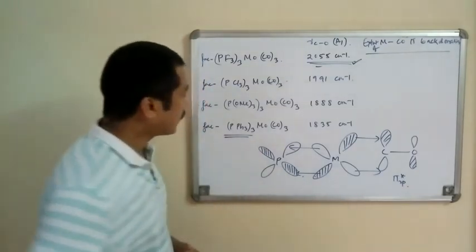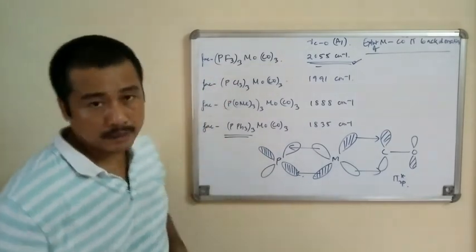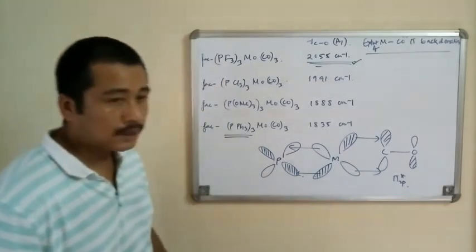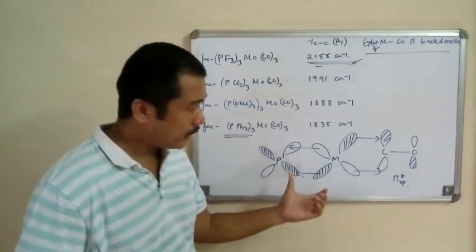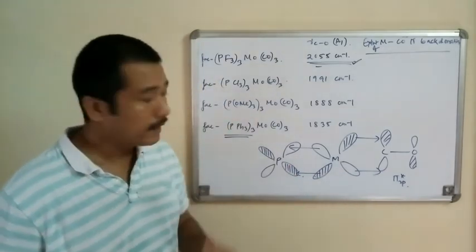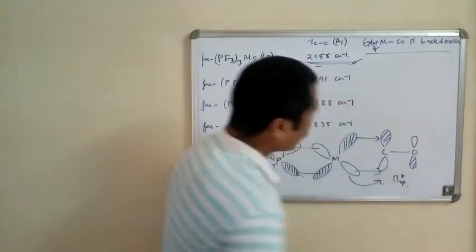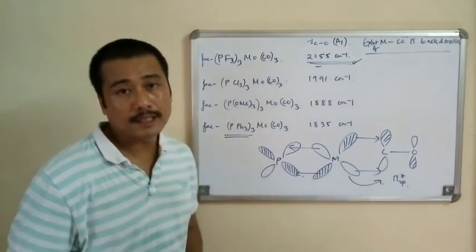But in this case, the PH3 ligand is a poorer pi acceptor than the PF3 ligand, and that is why its ability to accept pi electron density from the metal is pretty low as compared to PF3. So now the extent of pi back donation from metal to the pi star 2p molecular orbital of carbon monoxide is higher.